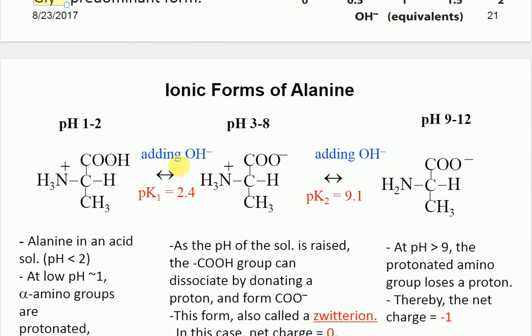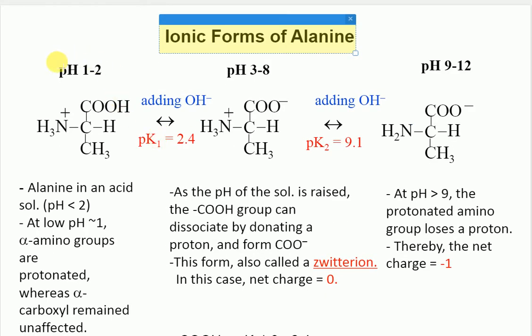Now we're moving on to ionic forms of no longer glycine but alanine. You can see here pH 1 to 2, pH 3 to 8, and pH 9 to 12. As we add more OH, you can see the pH is changing. Adding more base basically changes the pH.